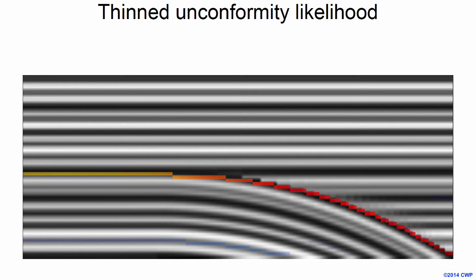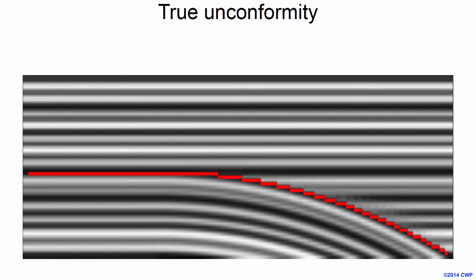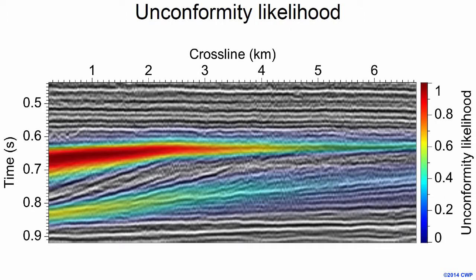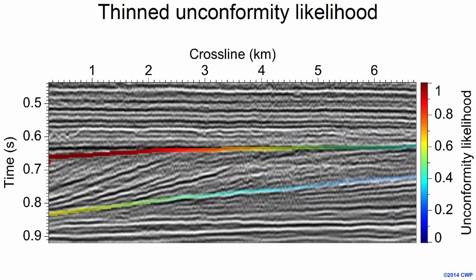And this image correctly aligns with the true unconformity as shown here. Again, this is the 2D example I showed you before. From this image, we compute an unconformity likelihood image to highlight these two unconformities in the seismic image. And this thin unconformity likelihood image correctly coincides with the unconformities in this seismic image.